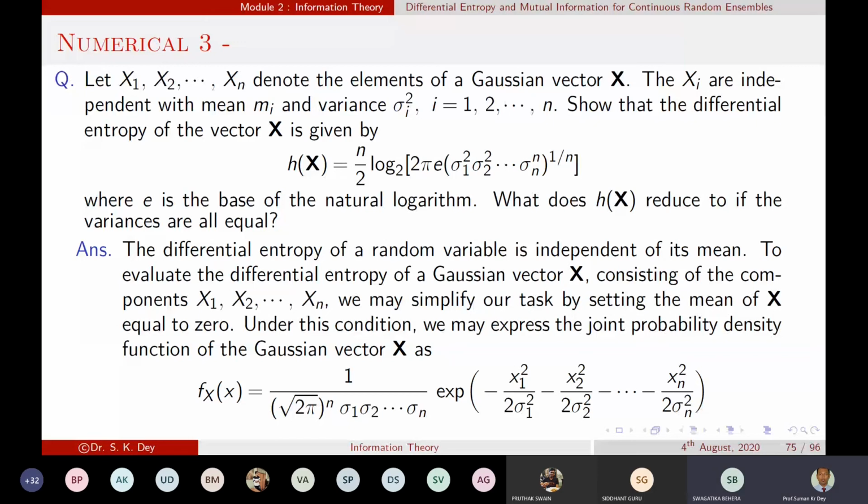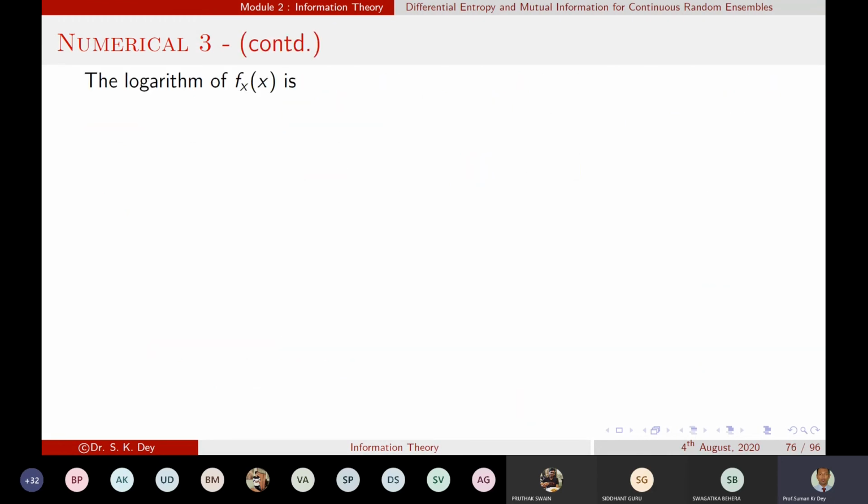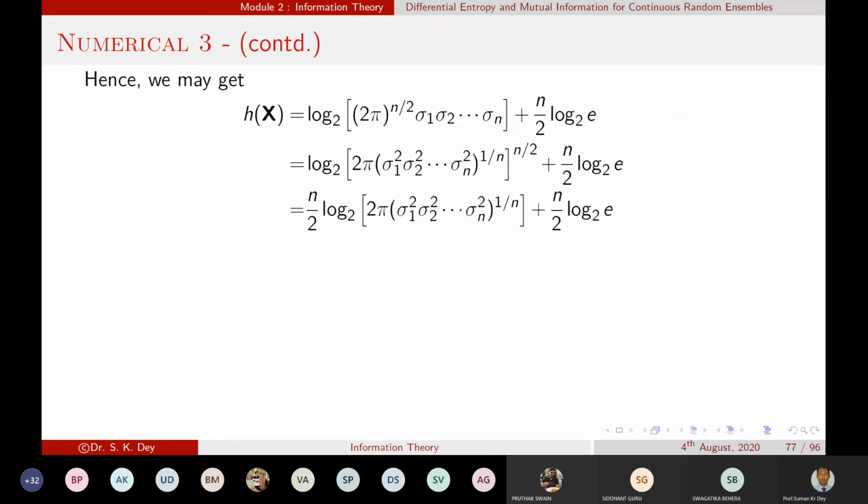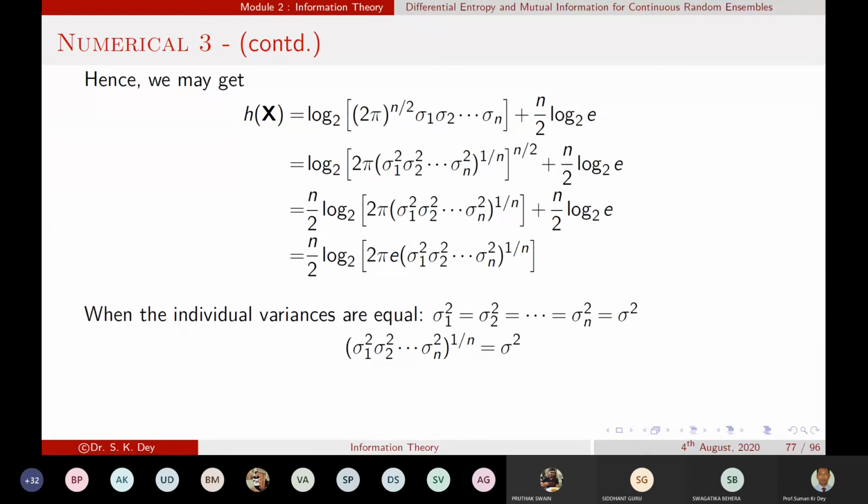Okay, so now, what does it reduce to if the variances are all equal? When the variance for all the elements is equal, in that condition, what will we get?